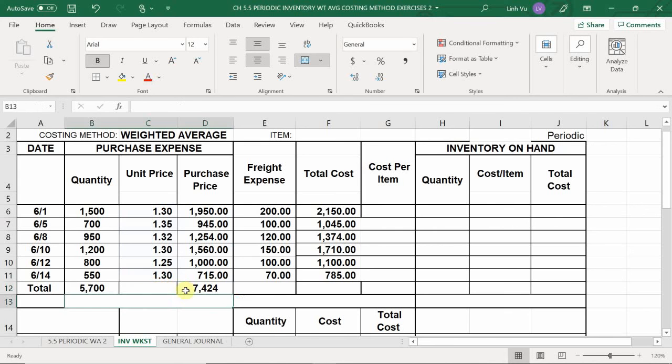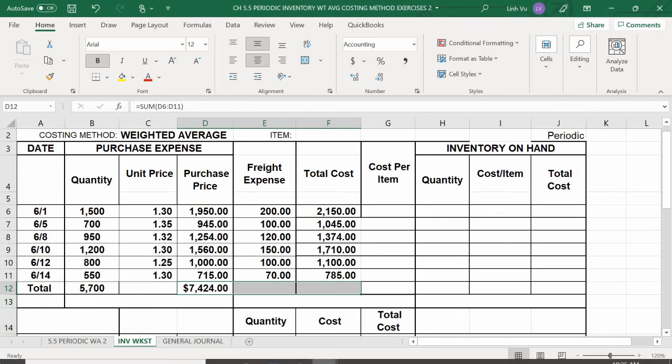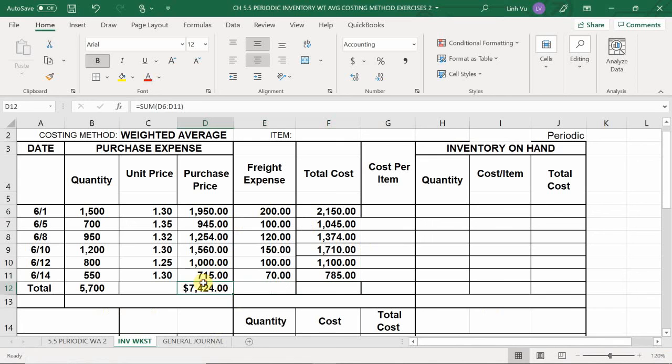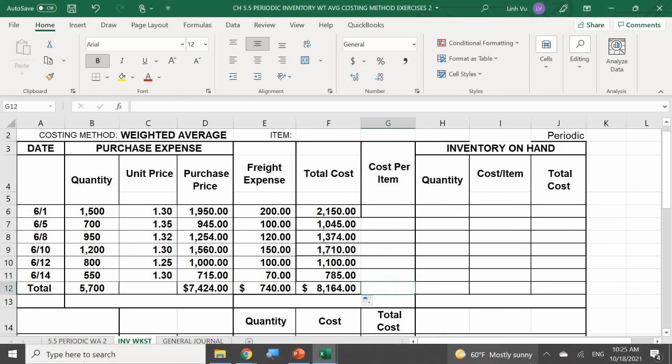What was my total freight? 740. 740, okay? Giving me my grand total cost of 8,164. Okay?